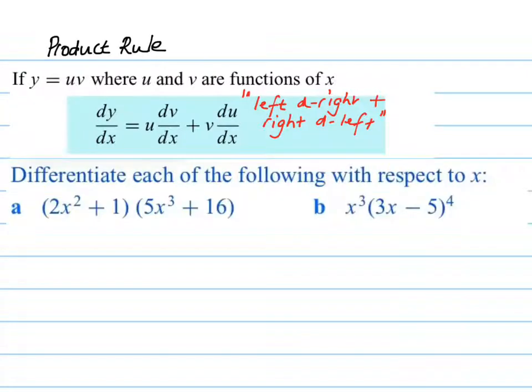Now let's try a couple, and specifically we'll try number A. In number A, can you see two functions which are multiplied together? I mean functions of x. Yes, I know you could multiply them out, because they're kind of like a quadratic expansion, except that they've got squares and cubes inside the brackets instead of linear x functions.